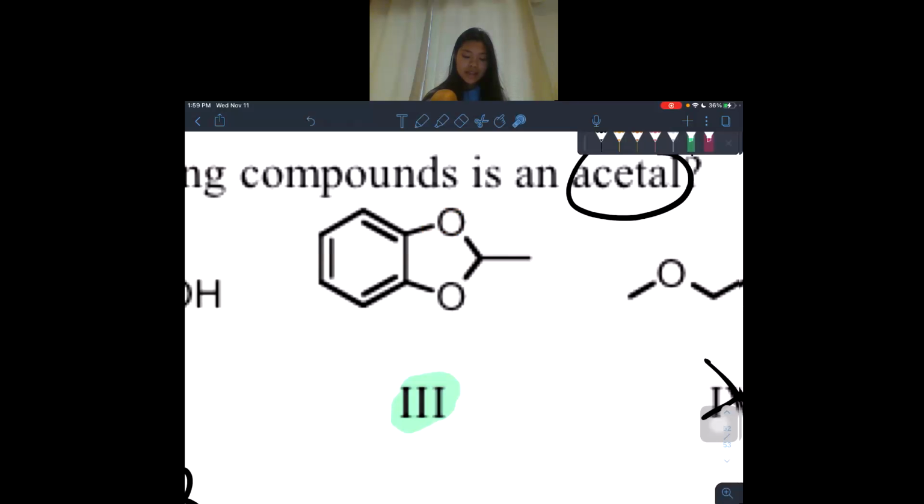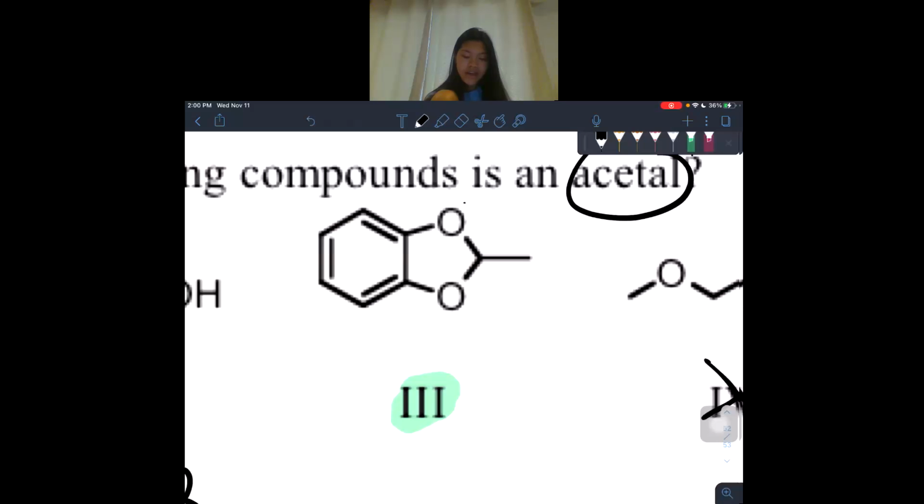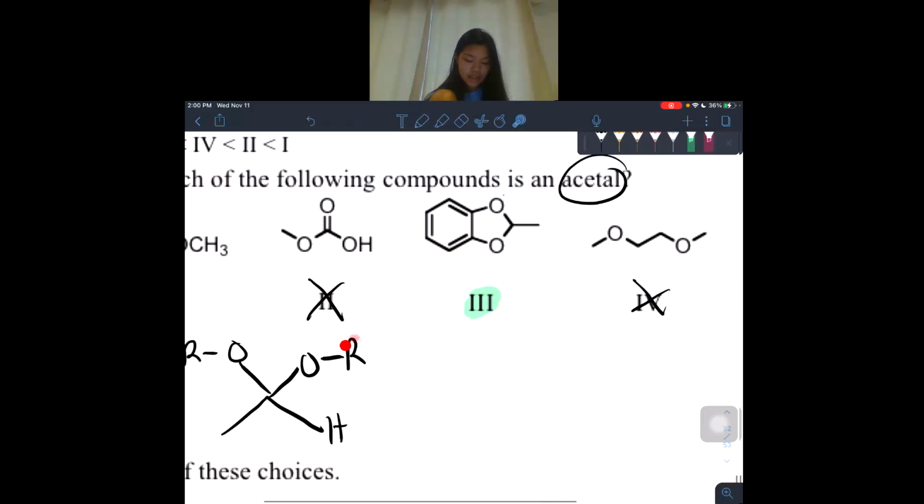We could indicate this as one of our R groups, and then this side as another R group. That was a horrible way to split it. But basically, this is its R group, which we saw here. We need to have an R group bonded to the oxygen. So that means the carbon that it's bonded to needs to have a hydrogen present.